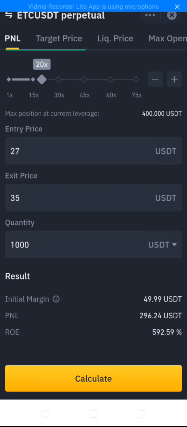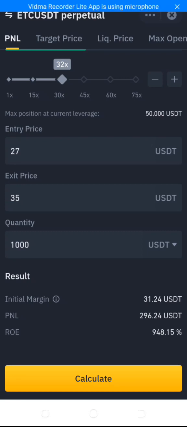All right. So let me now increase the leverage so that you see what I'm talking about, the power of leverage. Let me say I now increase this leverage to 32x and click on calculate. Now for me to use $1,000, and I don't have up to $1,000, I have like 30 USDT, all I have to do is keep increasing my leverage.